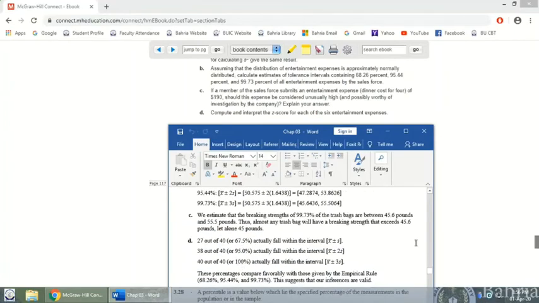Then part C is again analytical, just explaining the 99.73 that we've calculated here.